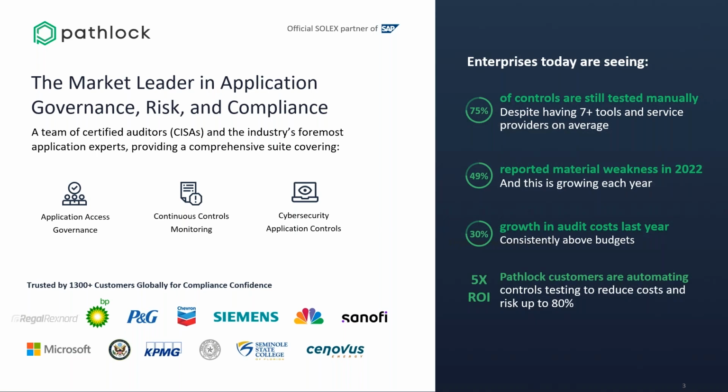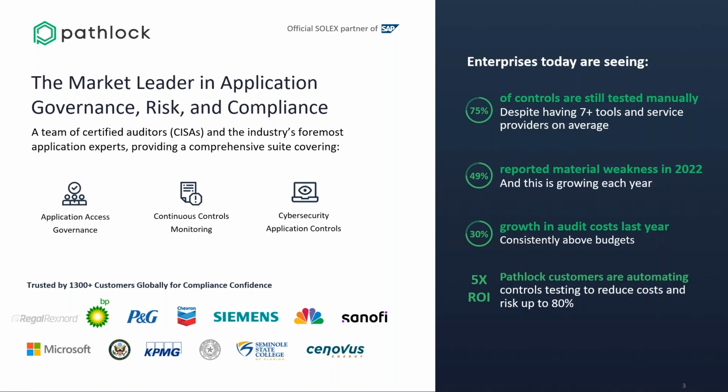We have over 1,300 customers, very referenceable, with a 95% retention rate. I also want to highlight some things here. On the right-hand side, as you can see, the challenges we see in the market today are that 75% of the controls that are tested are manual.